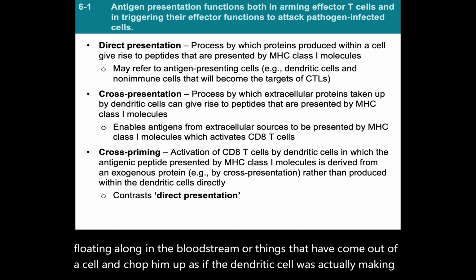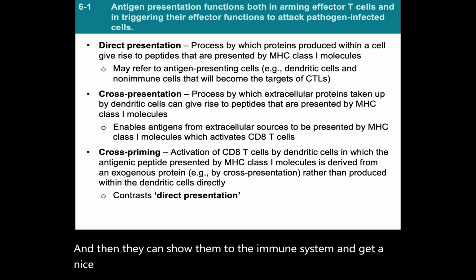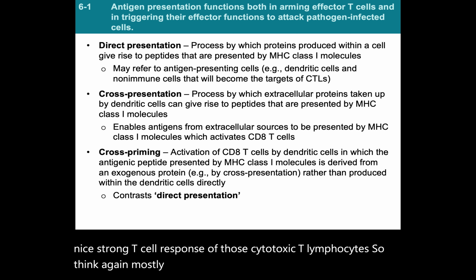And then they can show them to the immune system and get a nice, strong T cell response of those cytotoxic T lymphocytes. So think again, mostly CD8 T cells, and definitely T cells that are able to kill cells that they can recognize.